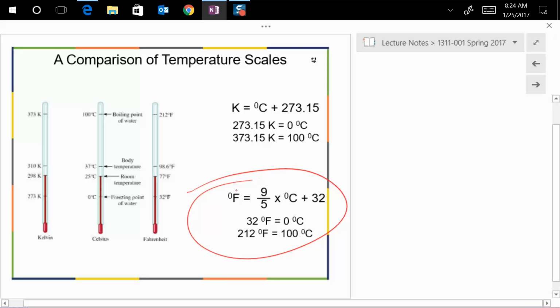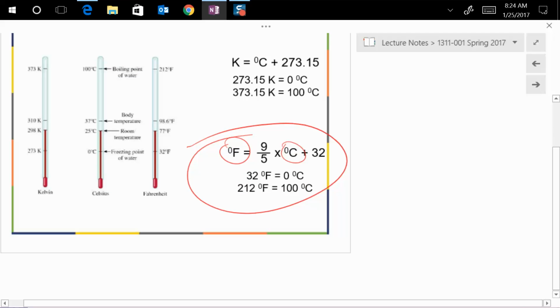Likewise, if I was going to solve for degrees Celsius from the Fahrenheit, I would subtract 32 from each side, so Fahrenheit minus 32 equals 9/5 degrees Celsius.